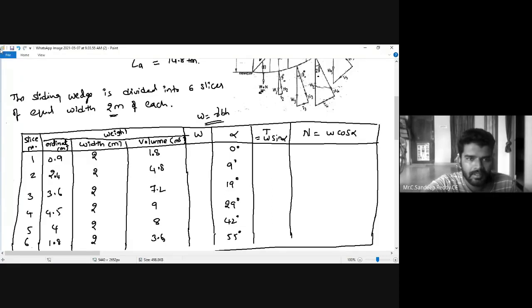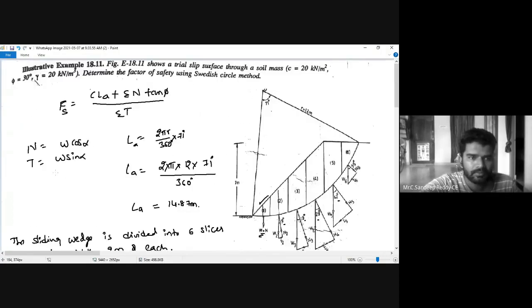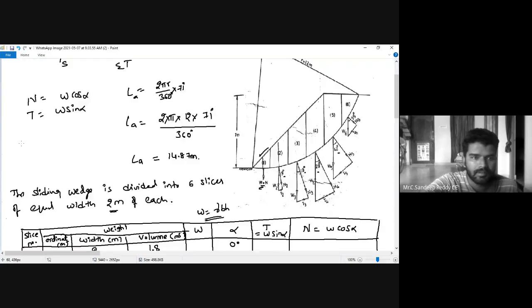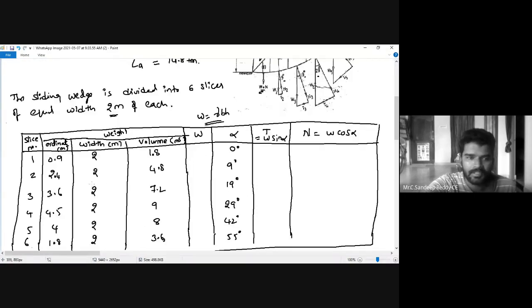We are given gamma is equal to 20 kilonewton per meter cube, already given. Then B into H, 0.9 into 2, that is equal to 1.8. Multiplication of ordinate height and the width of the slice is 1.8. First slice is 1.8, second slice is 4.8, and so on up to the sixth slice. So gamma into B into H is the weight of each one.